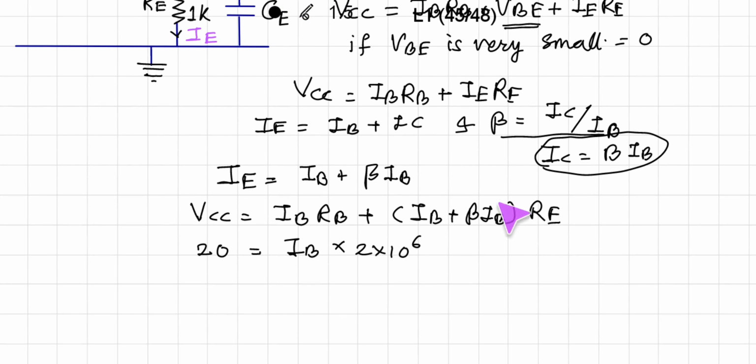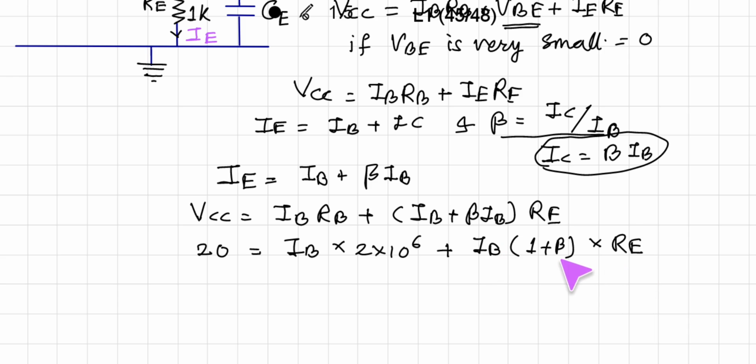So putting those values, plus here it is IB plus beta times IB into RE. Here we can take IB common, that is we get 1 plus beta, into the value of RE.